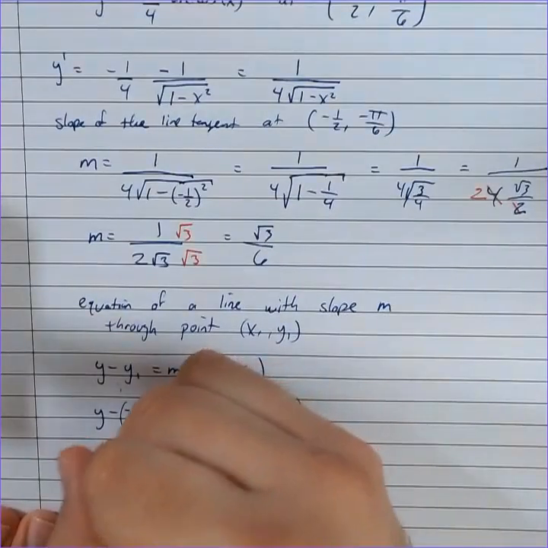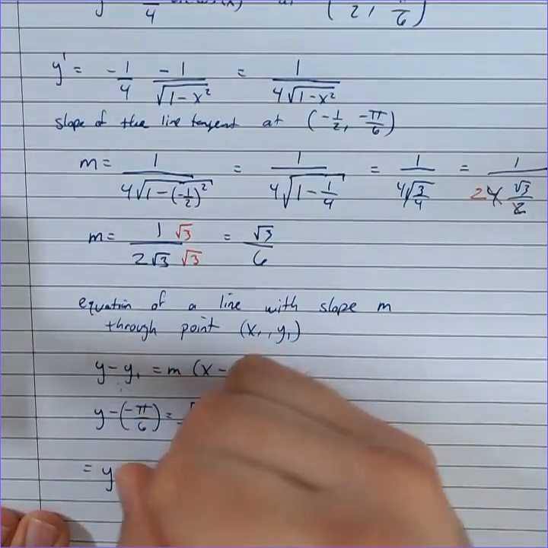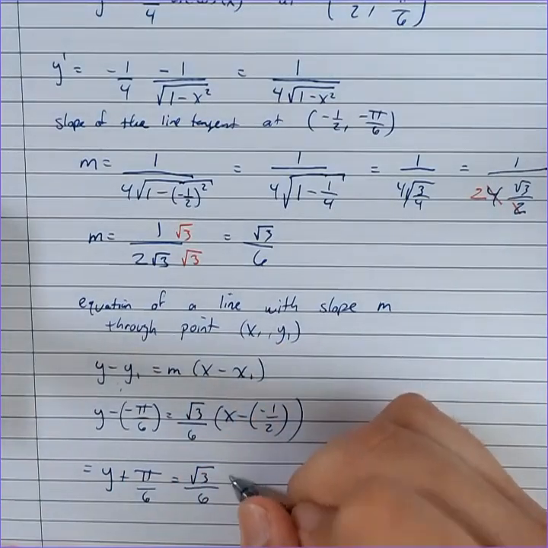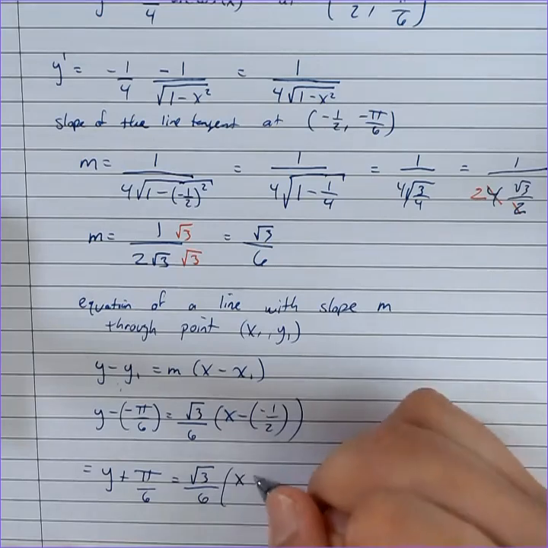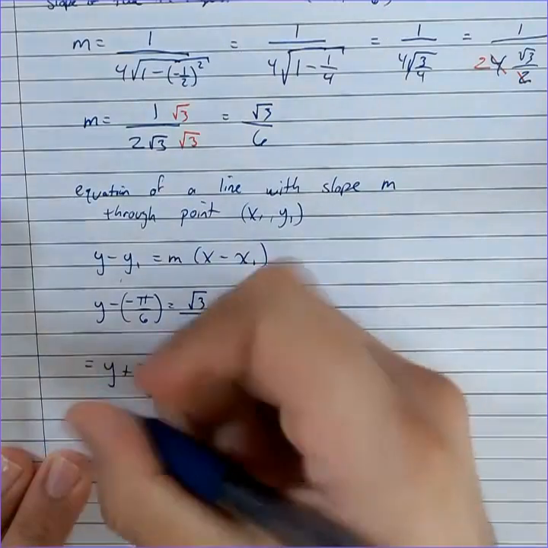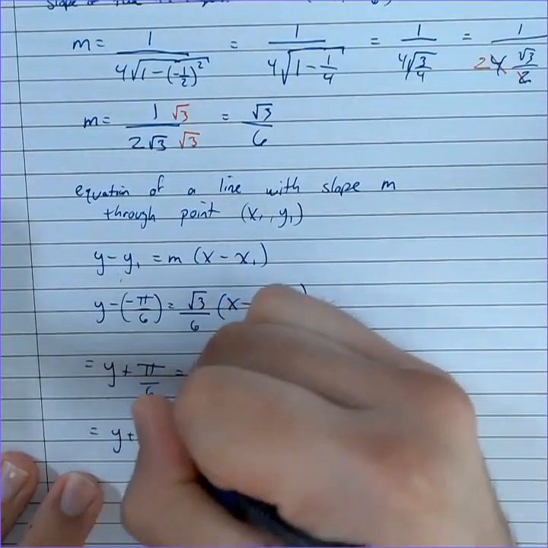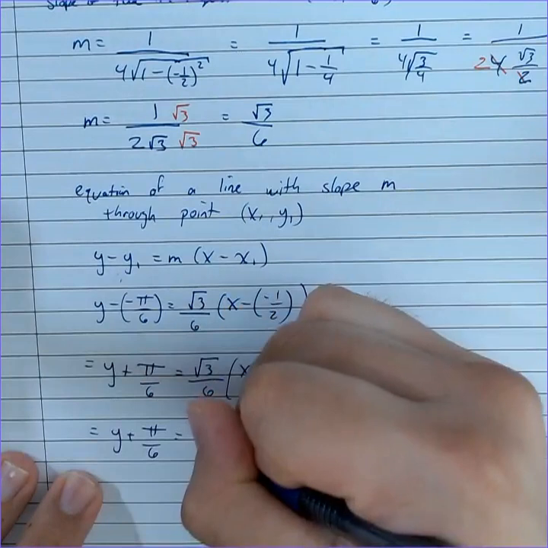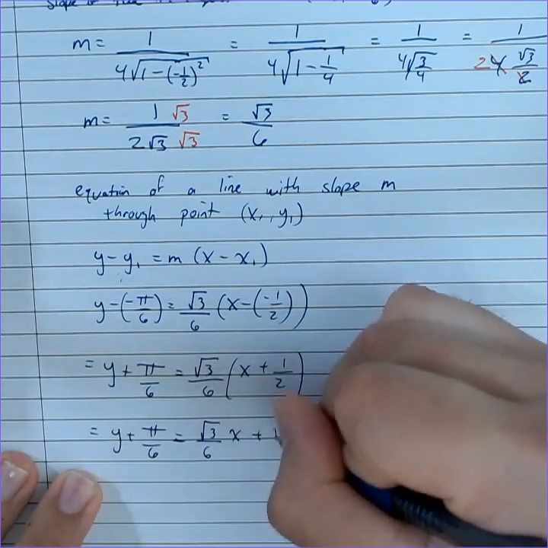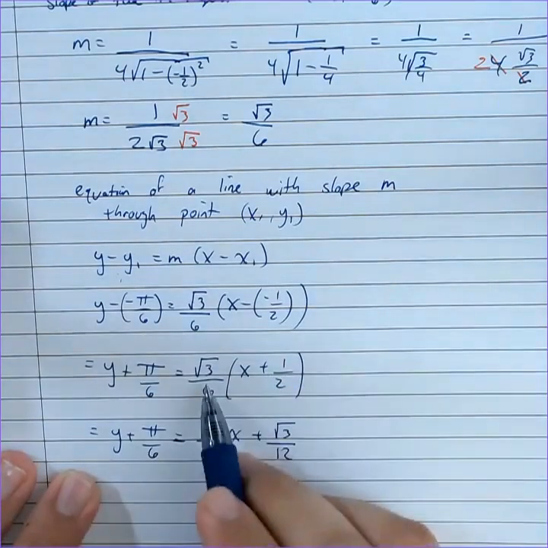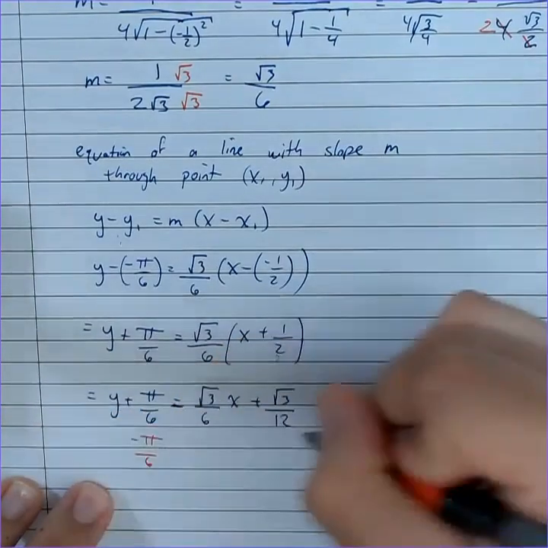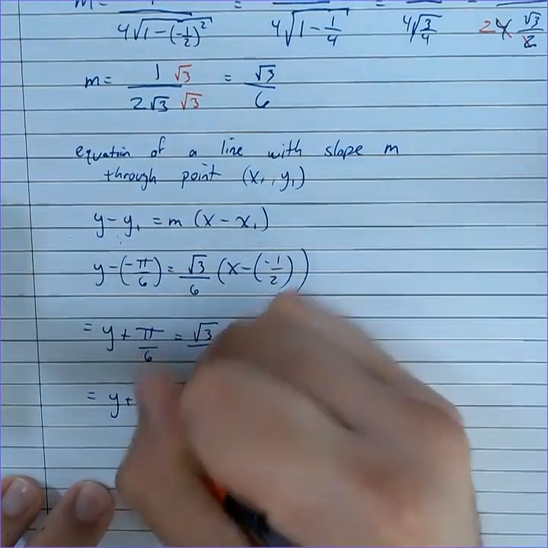We can simplify all that out. That's y plus pi over 6 is equal to root 3 over 6. Let's see, that's going to be x plus 1/2. We can distribute that, which will give us y plus pi over 6 equals root 3 over 6 x plus root 3 over 12, once we multiply those. And finally, if I subtract pi over 6 from both sides, that's gone.